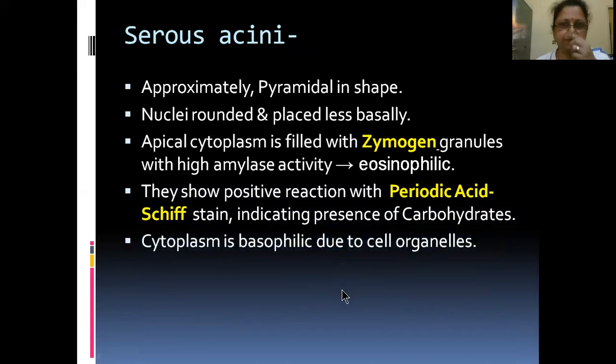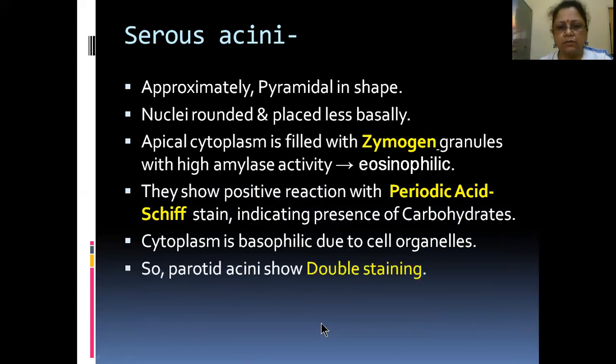Okay. But the rest of the cytoplasm is basophilic due to cell organelles. Understood? Only the apical part will be pinkish to reddish and eosinophilic, but the rest of the cytoplasm will be basophilic. Okay, little purplish to bluish color because of the presence of the cell organelles.